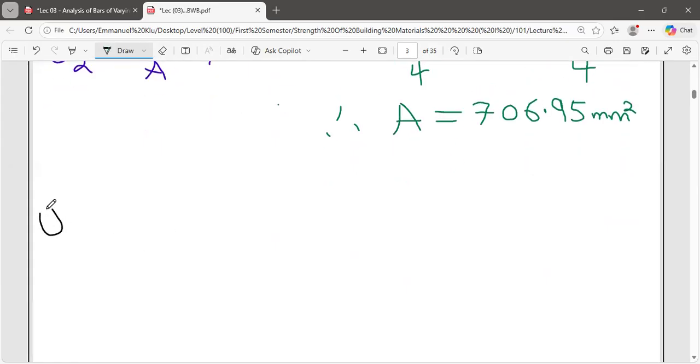So now we know our stress 2. We know the force, we already know the area. So we know the area to be 706.95.